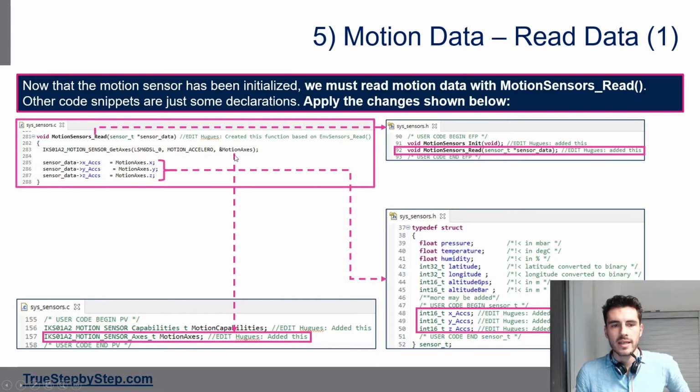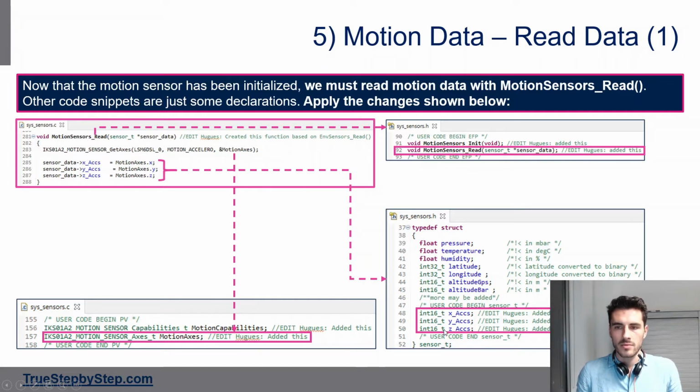And then we take that data, which was stored in a motion axis, and I will store it in sensor data. So motion axis is only used for the motion data, whereas sensor data is a table with everything in it, and that's actually what we see here.